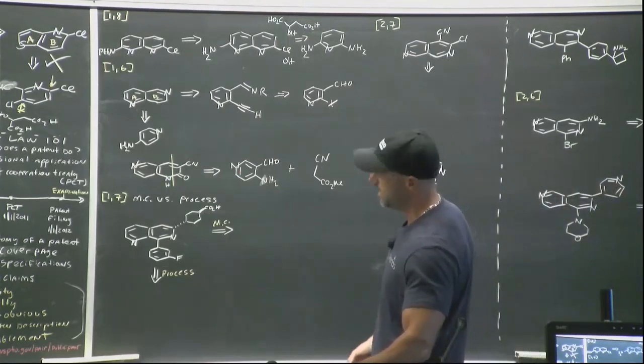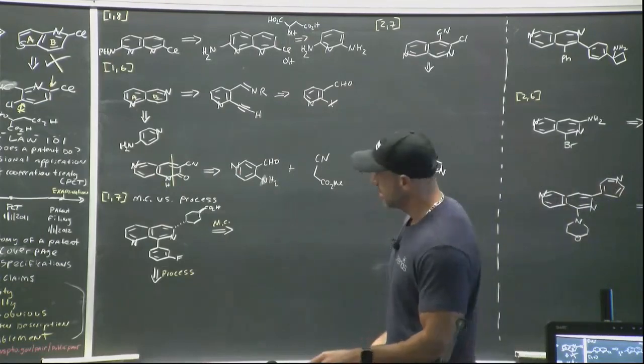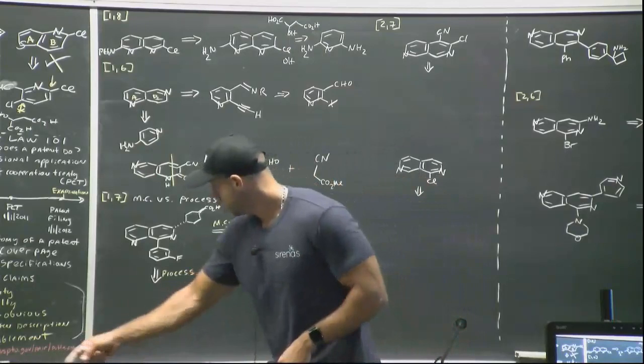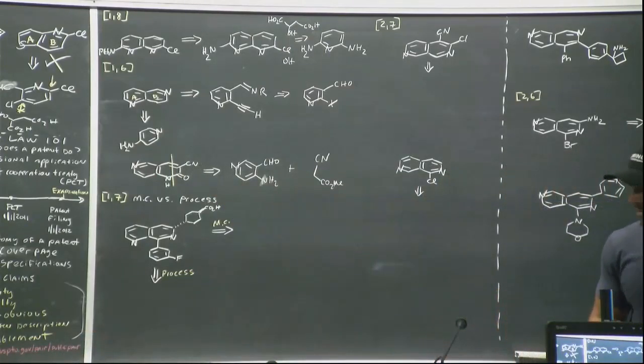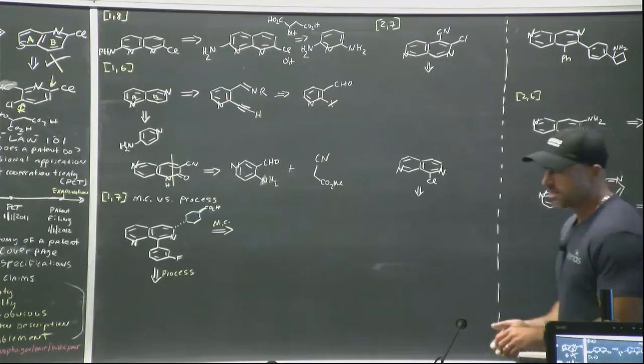Okay, we've got 1-8. We've got 1-6. Let's move to 1-7. And we want to do medchem versus process. So if we were in medchem, probably the ideal disconnection for this, if we wanted crazy diversification scheme on those two substituents, would be what? Dihalo, exactly.